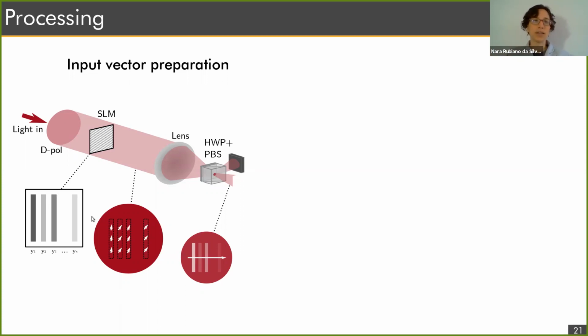Here you see that we have the depolarized light coming to an SLM where we have a gray scale representing our vector, and the filtering of the polarization to transfer to the intensity profile. So you see that the intensity profile will directly correspond to the mask applied to the SLM. The reason why I use these stripes here for encoding the vector will be clear in a moment, okay?